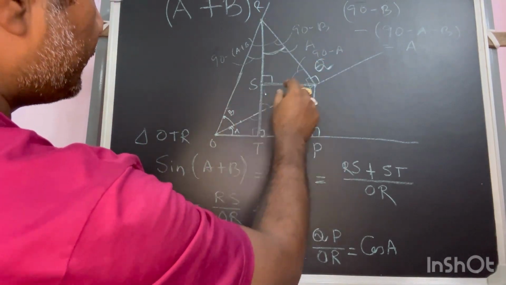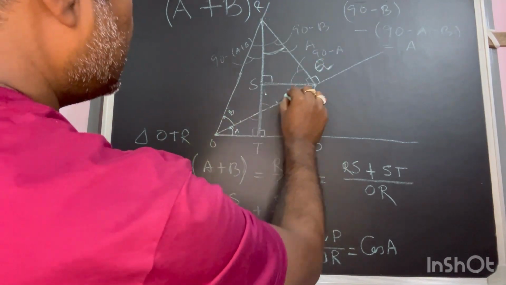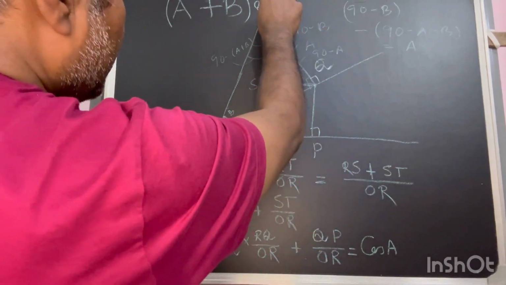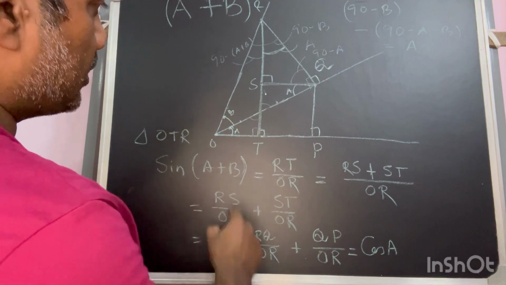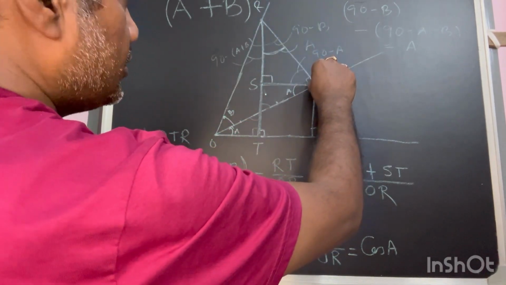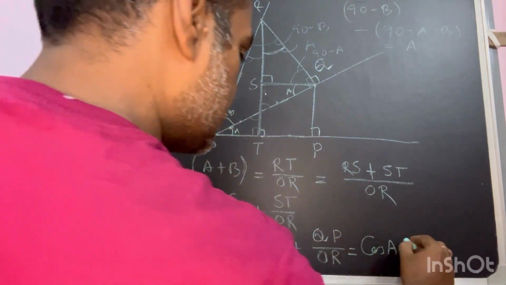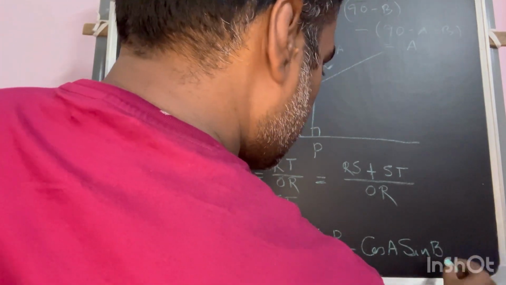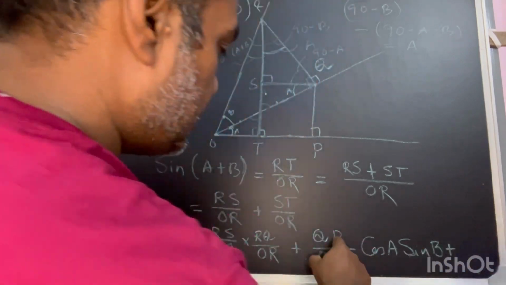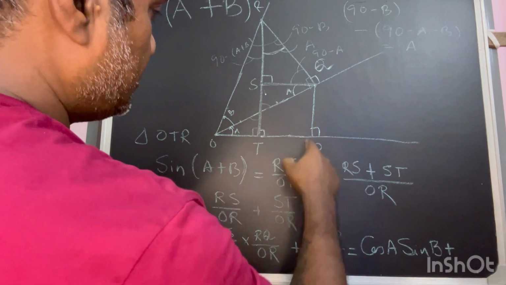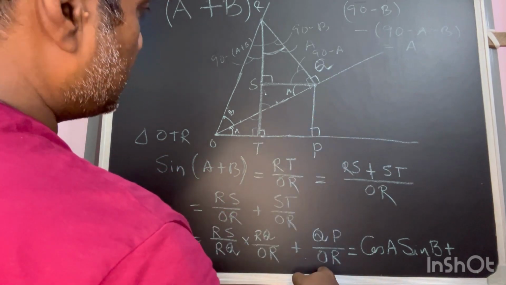This is B. With angle B, this is a right angle triangle. So RQ by OR is what? Sine of B, if I take, this is vertical by hypotenuse. This is sine of B. Still the second part is there. QP can be divided into QP by, the common for OR is OR.